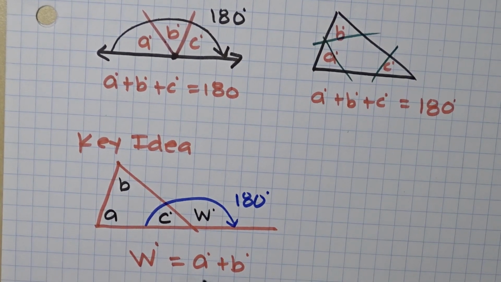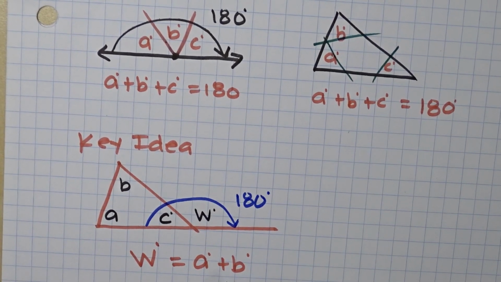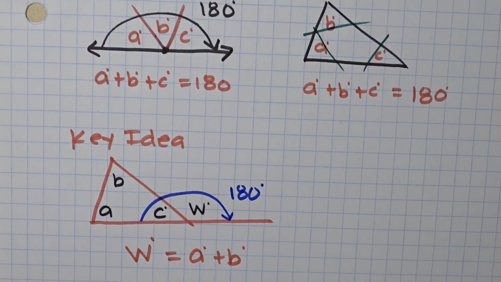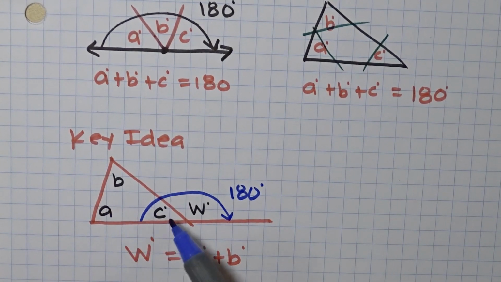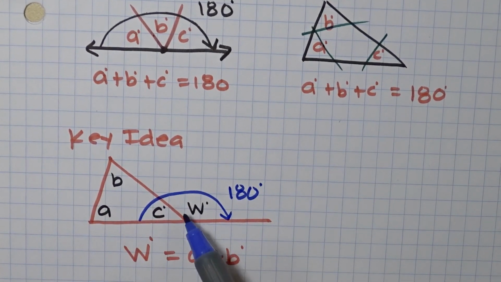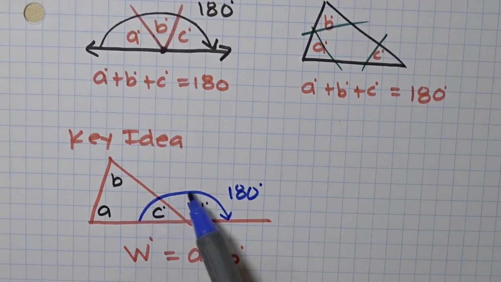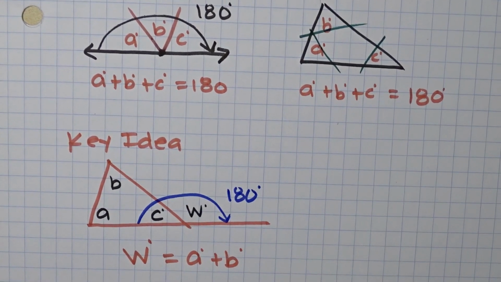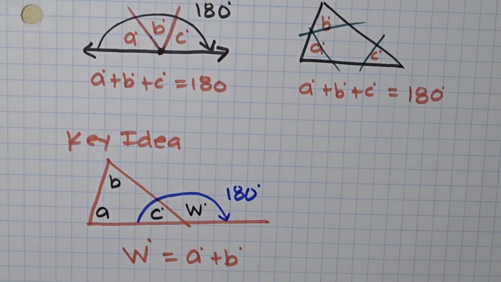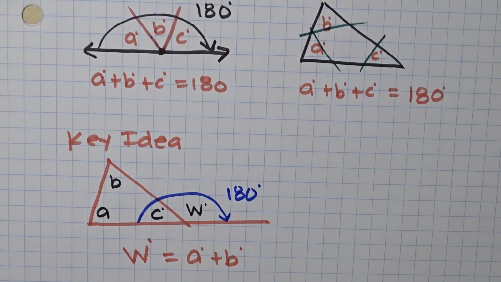So we can say that W will be the same as adding A and B together. And again, A and B with C make 180, and A and B here with C make this 180. Okay, so let's use that concept for the next example.